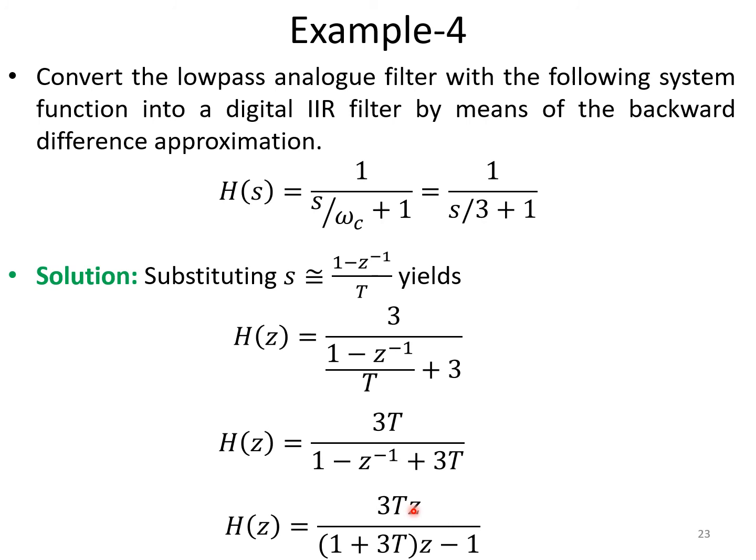So it depends what sampling interval you choose. For example, if you choose capital T equal to 0.1, then the zero of the transfer function would be at 0.3, and similarly the location of the pole would also depend upon the choice of capital T.